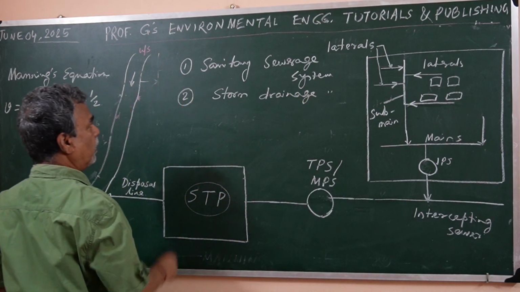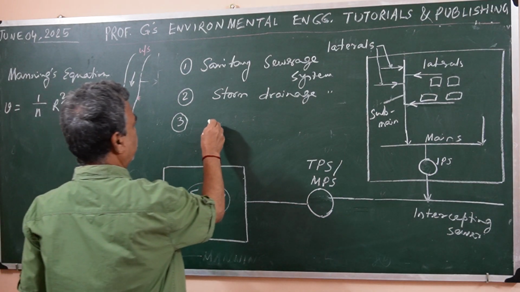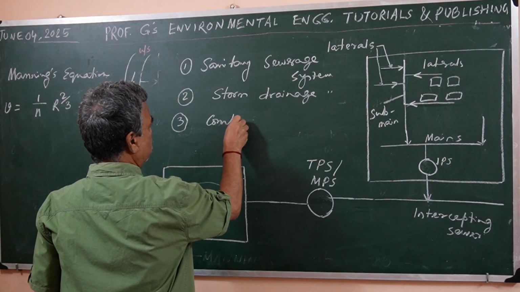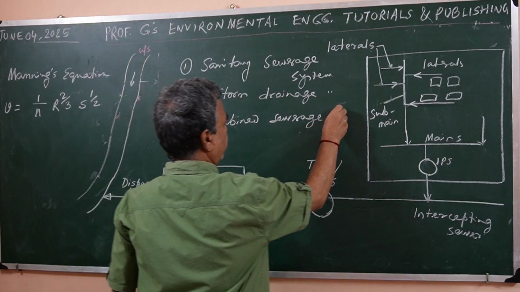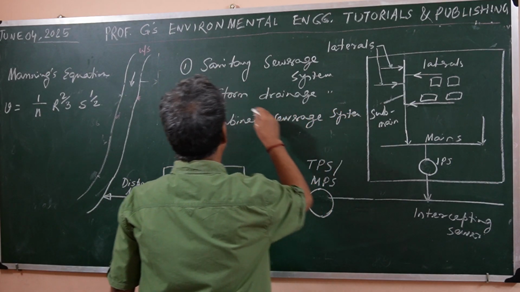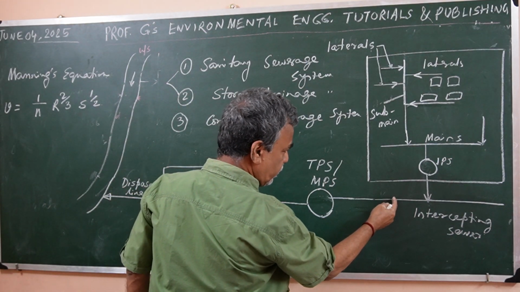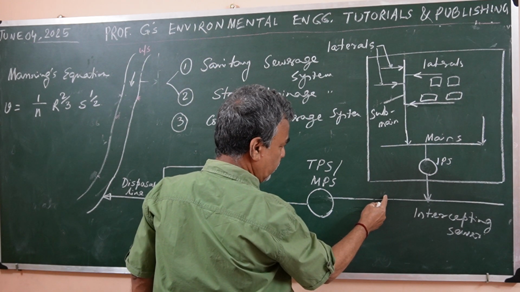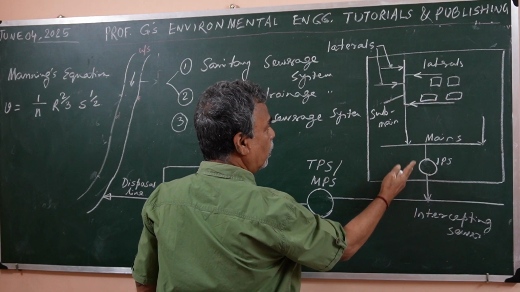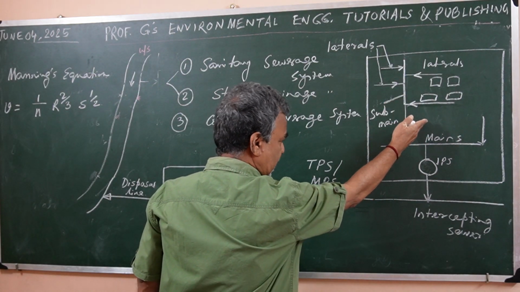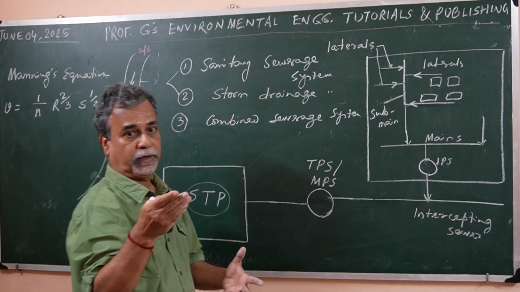And the third one, although in our country it is not that common, is the combined sewerage system. That means when both are combined, right? The same sewer line is carrying the sewage coming from different establishments as just discussed, and also the storm part, that means the rainwater.